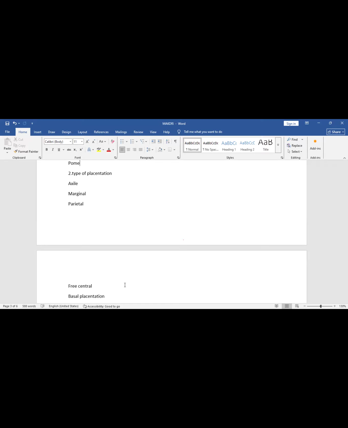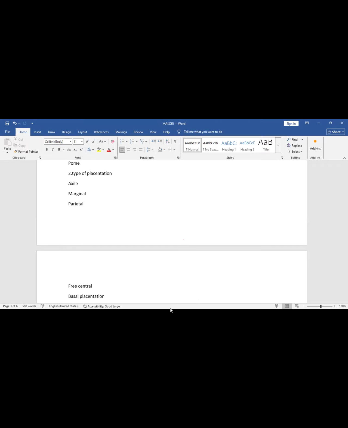That is good. So you can see the marginal is on the first part. Then we have got the axile. You can see it's just like a wheel. It has got the locules. Those partitions are the ones that we refer to as the locules.